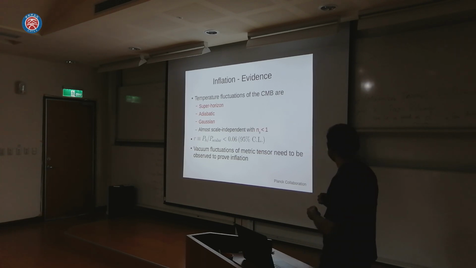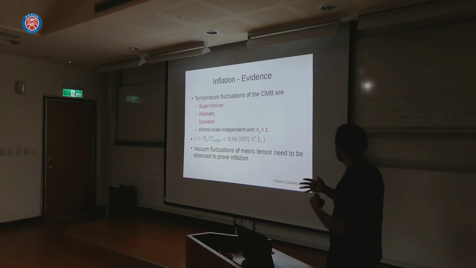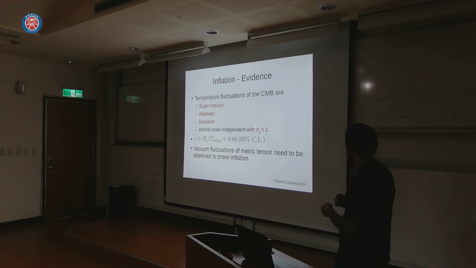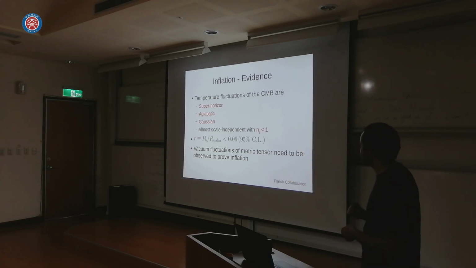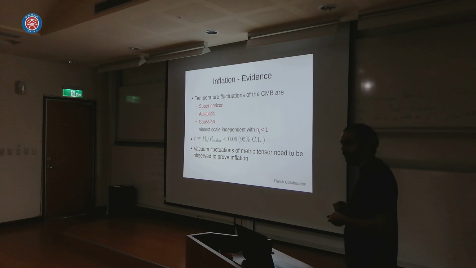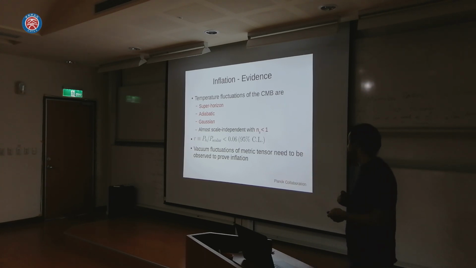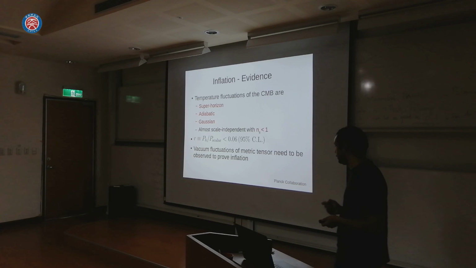NS is just a number which characterizes the tilt of this power spectrum with respect to K. NS equal to 1 is exactly scale independent, and NS is found to be roughly 0.96, which is exactly the prediction from inflationary theory. The one last prediction of inflationary theory is the existence of these vacuum gravitational waves, and we have still not detected those.